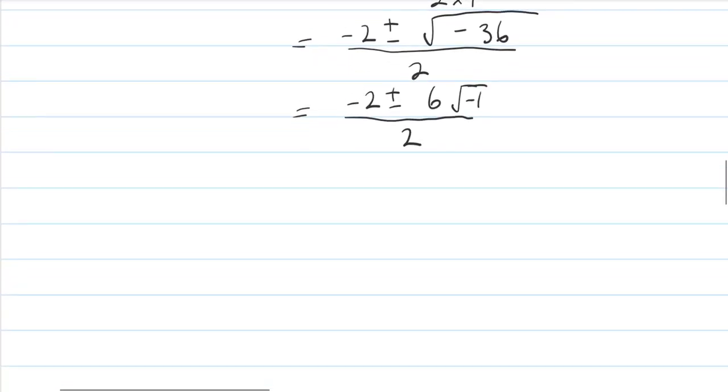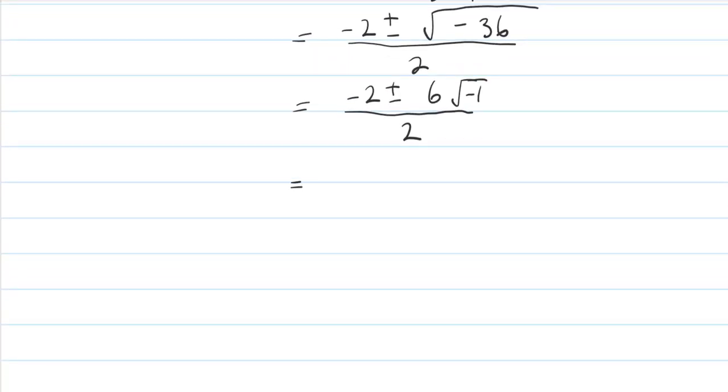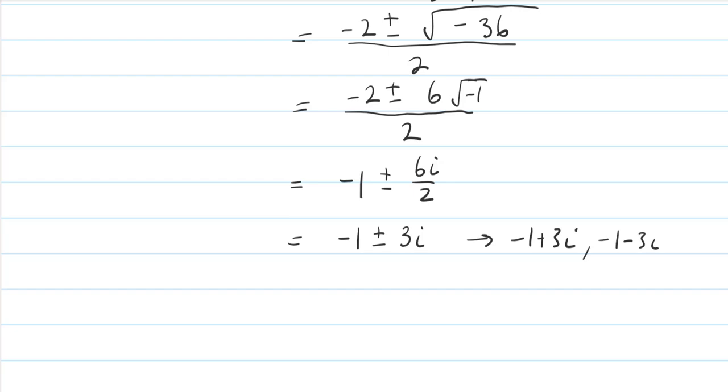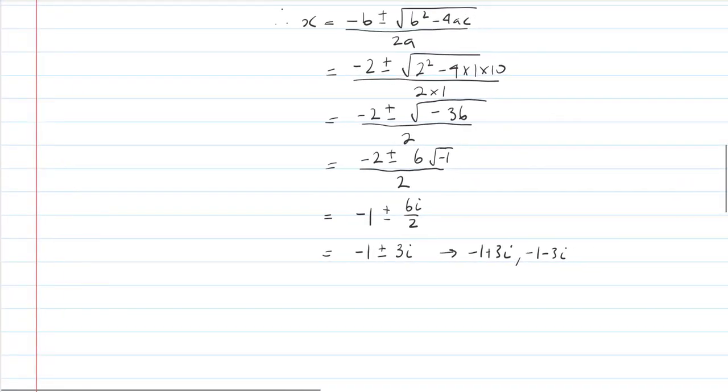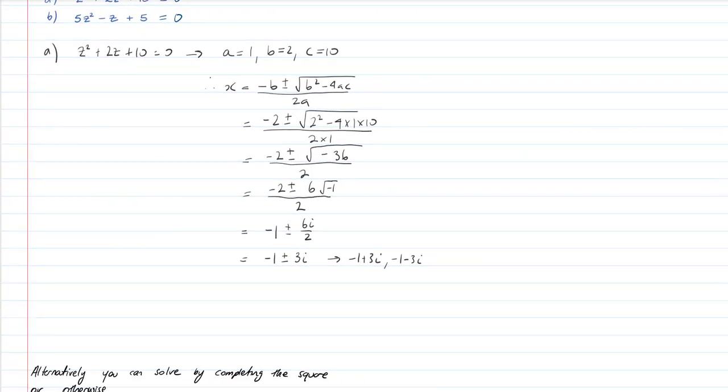If it's all divided by 2, I get -1 plus or minus 6i over 2, which gives us -1 plus or minus 3i. So it's a quadratic, it has 2 solutions. One of them is -1 plus 3i, and one of them is -1 minus 3i. And that just came straight from the quadratic formula. Took a while, predominantly because I mucked around, but you could certainly do it quicker.